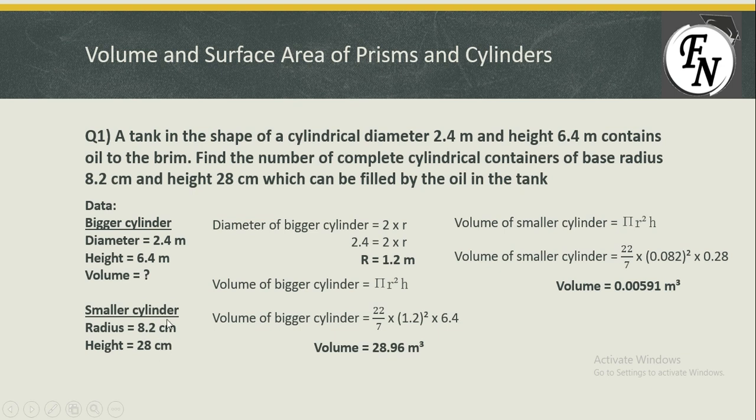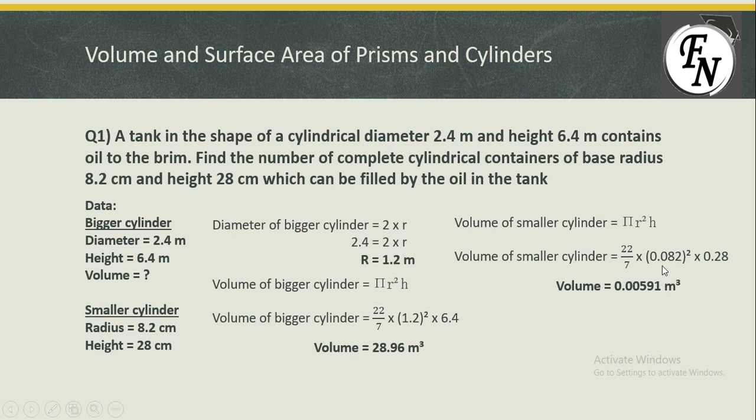So we need to divide these values by 100, because 1 meter is 100 centimeters. So we get 0.082 meters, and 0.28 meters as the height. These are the values divided by 100, and we have plugged in the values.